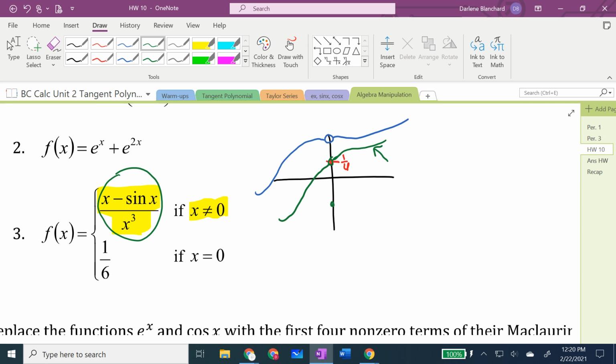Now, it had to be written this way because if this was the only thing written down, it would technically be incorrect, because we have to be able to have a function that is defined at x equals 0. And its derivative must be defined at x equals 0, and its second derivative, and so on. But this function on its own is not defined at 0. So we have to write it as a piecewise in order to make it legitimate.